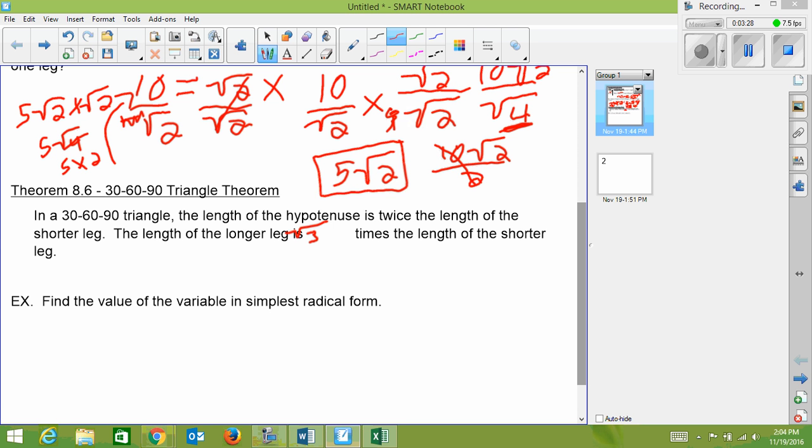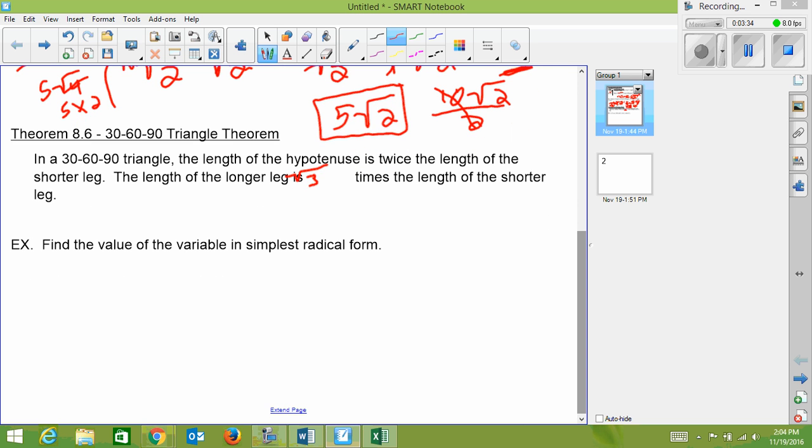Okay? So if I want to find the value of the variable, remember we always want to do simplest radical form here.